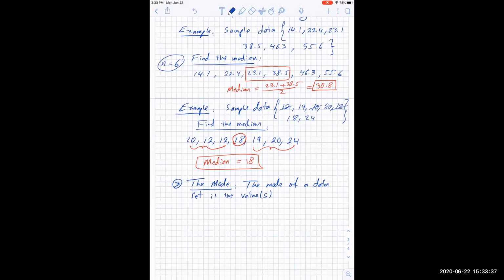There could be more than one. It's the value or values that occur with the highest frequency, or with the greatest frequency.